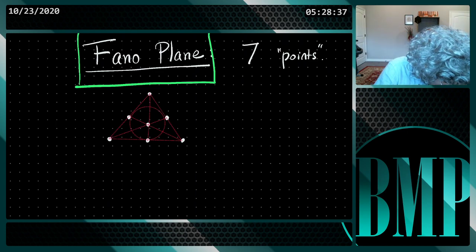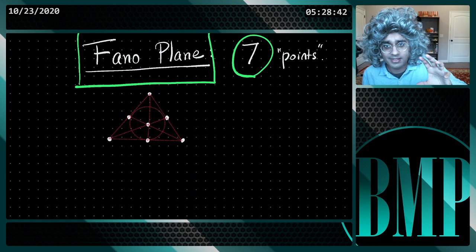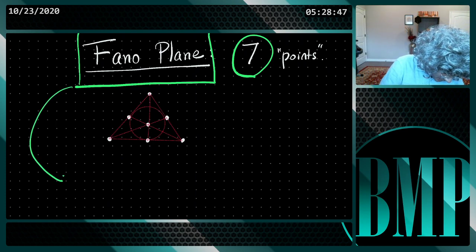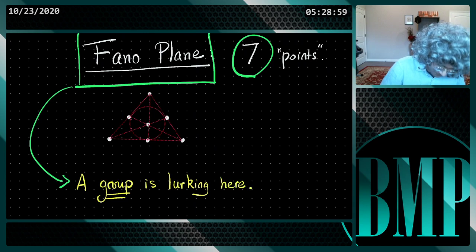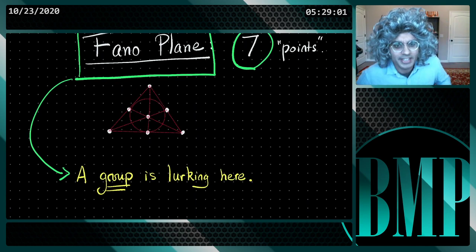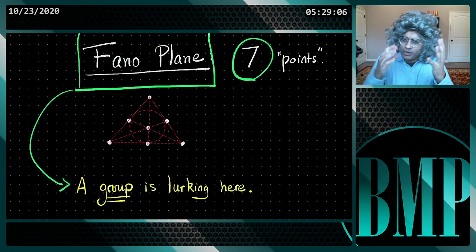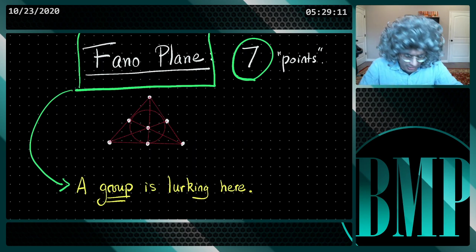Notice it has 7 elements. I'm now going to talk about a group. The Monoplane gives rise to a group. There's a group lurking. Every time you see a geometry with a notion of lines, I think it's technically called an incidence geometry.